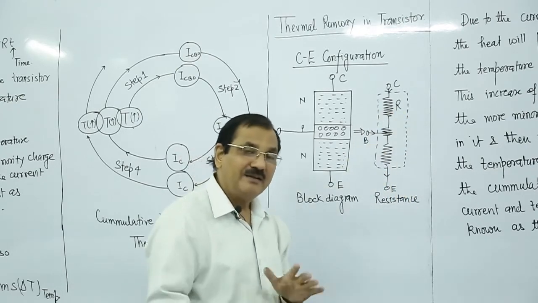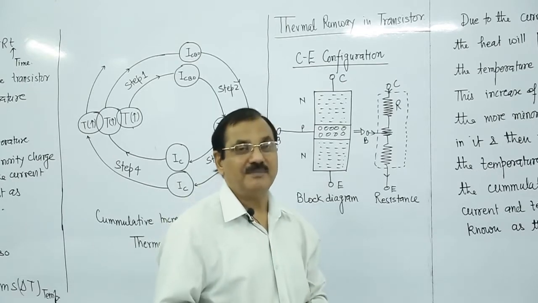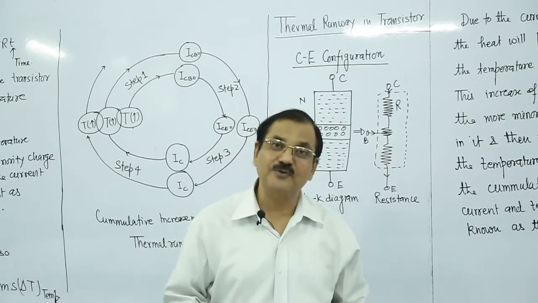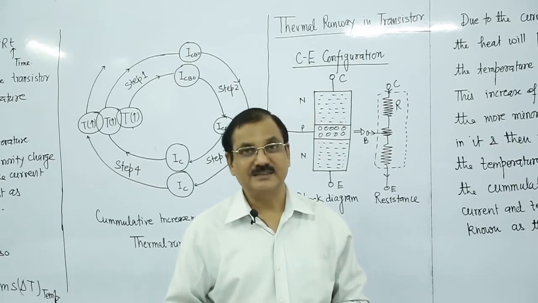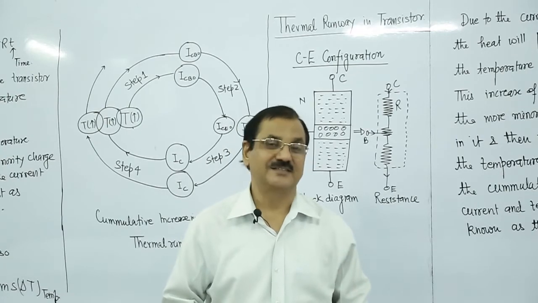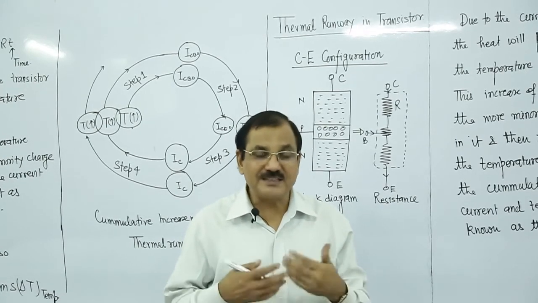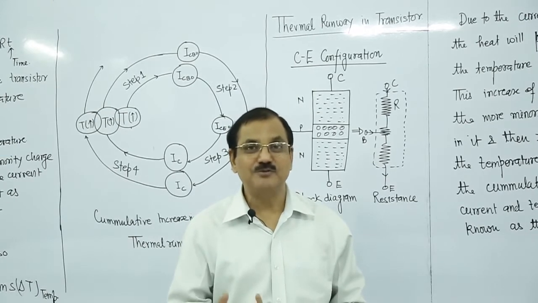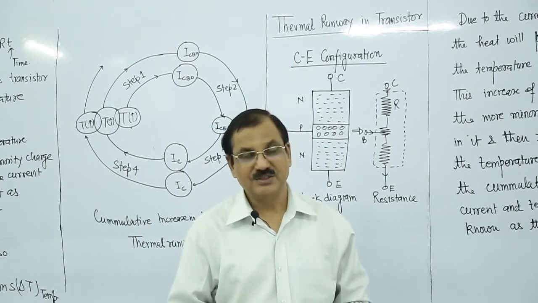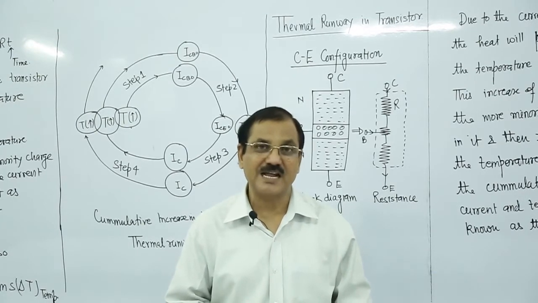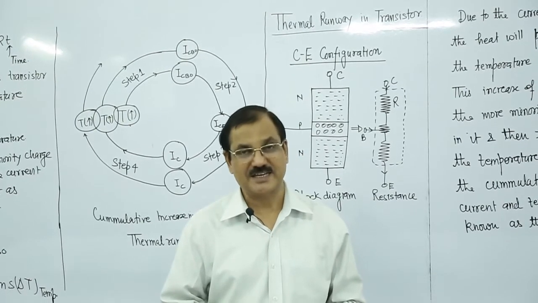So what will happen? We know the fundamental law, that is Joule's law of heating, that if current is flowing in a conductor which has resistance R, then that will produce heat. So if heat is produced inside the material and that material absorbs that heat, then in the case of an extrinsic semiconductor, that will increase the minority charge carriers.